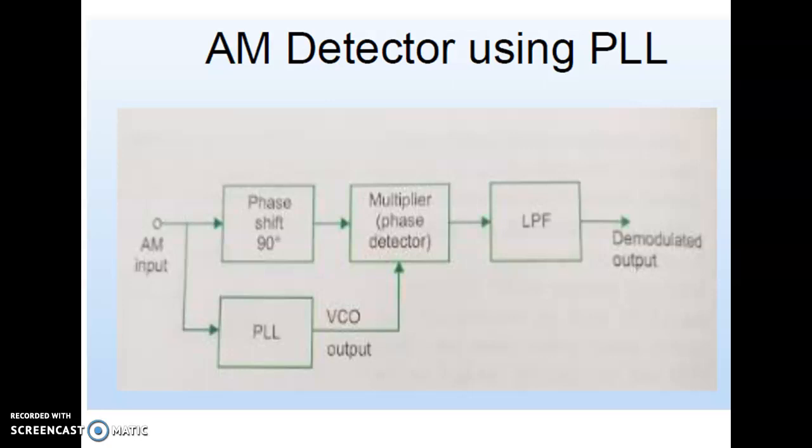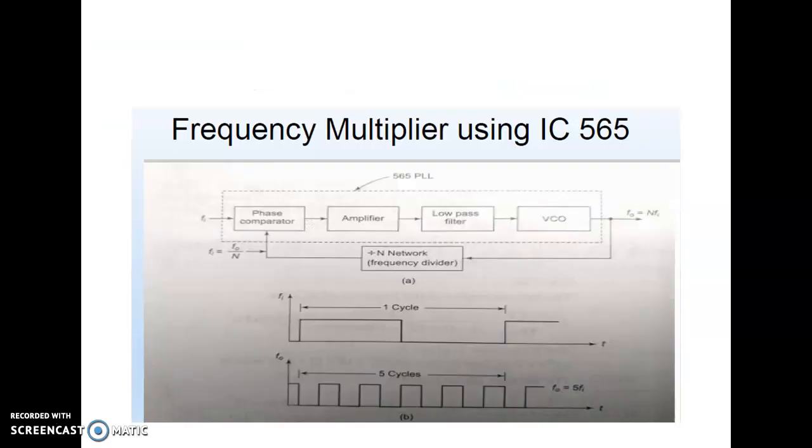You can use the same for frequency division also. So the PLL can be used for a frequency division application. The same block diagram which we have seen previously, which can be used for frequency multiplication, can now be used for frequency division.